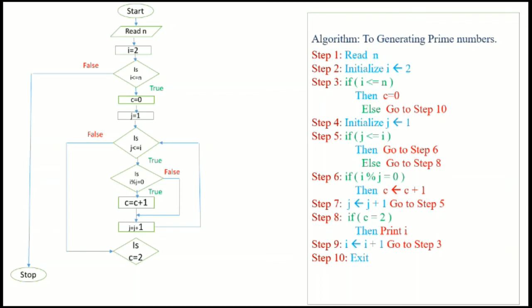If this is true, then we will print the number which is saved in I, and then we will increase the value of I by 1. If c equal to 2 is false, then without printing the number, we will increase the value of I by 1.